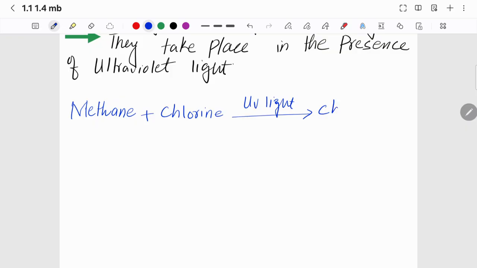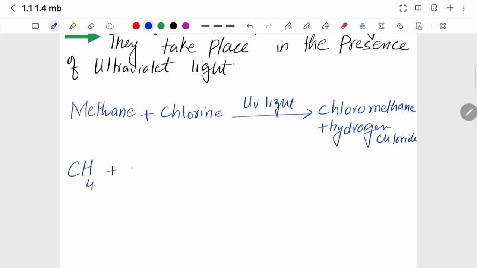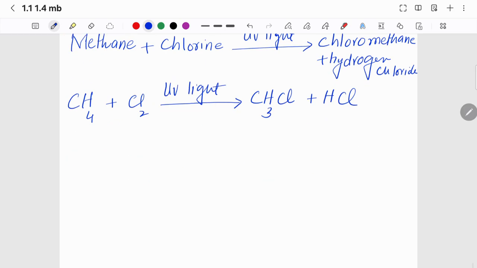It will change into chloromethane and hydrogen chloride. Let me write the chemical equation for this. So CH4 plus chlorine gas in the presence of UV light, what would happen? Only one hydrogen will be replaced with one chlorine and HCl gas would be produced.